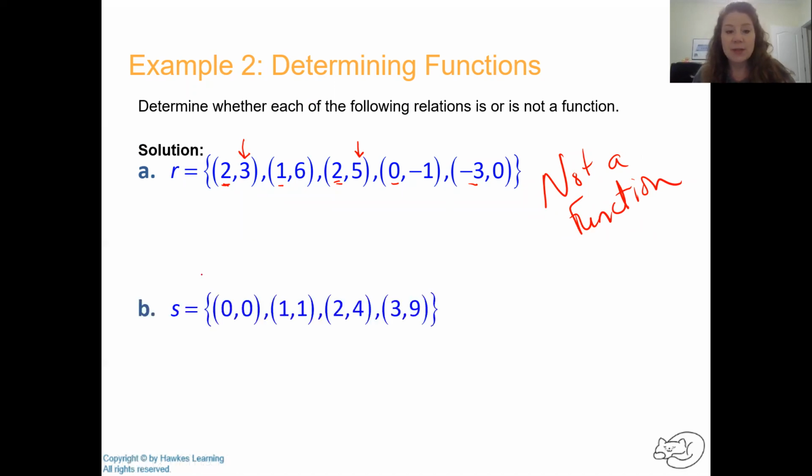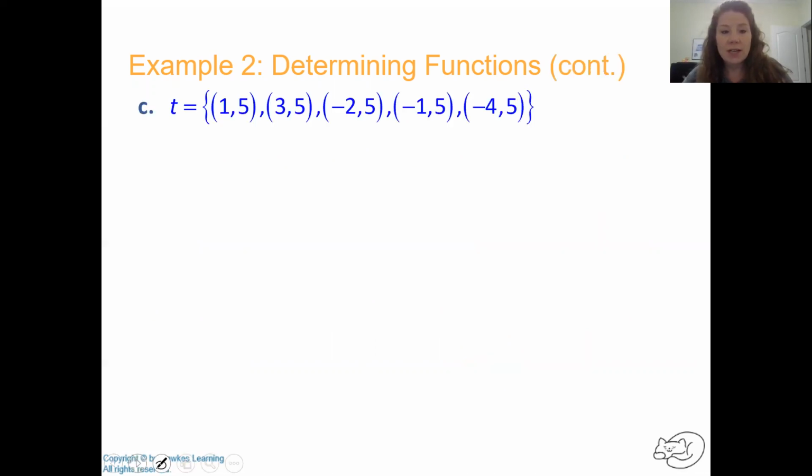All right, let's look at this one. We have unique x values. All of the x values are unique, and so it is a function. Yes, function. So for every x value, there's one unique y value. All right, look at this one.